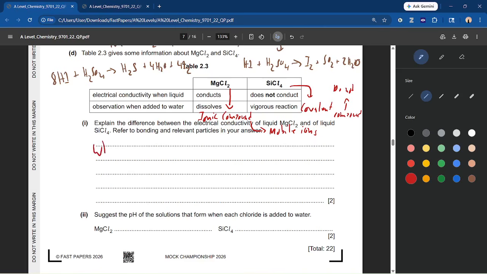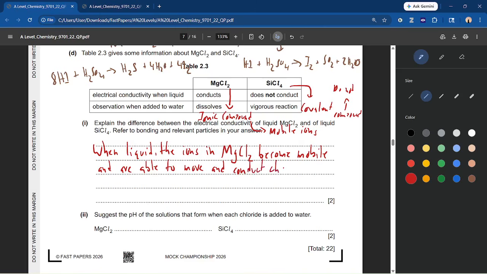So when liquid, the ions in magnesium chloride become mobile and are able to move and conduct charge.